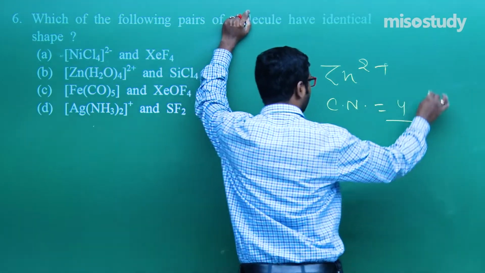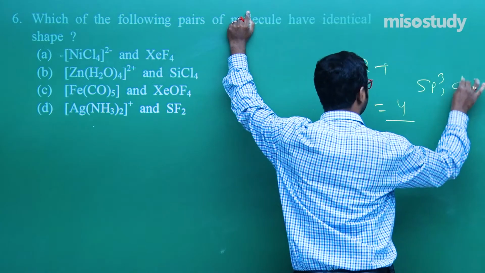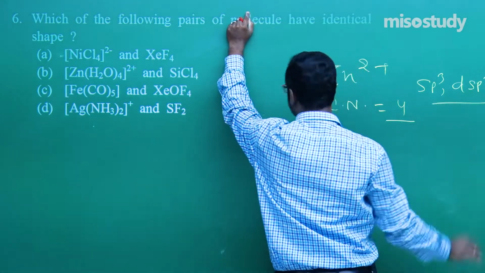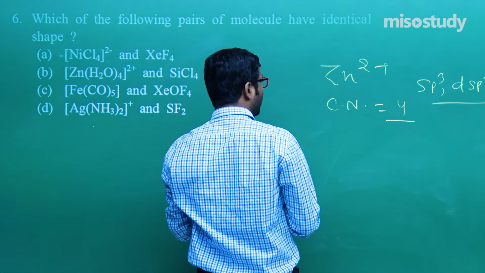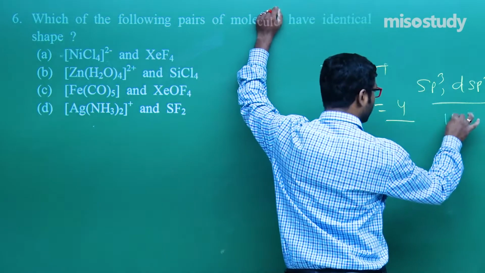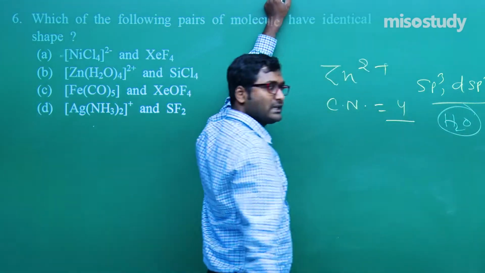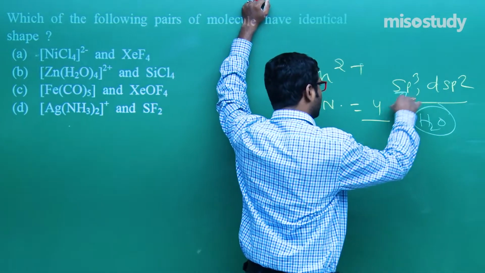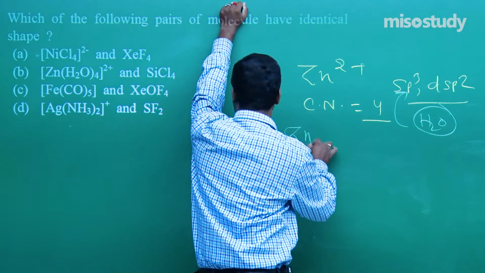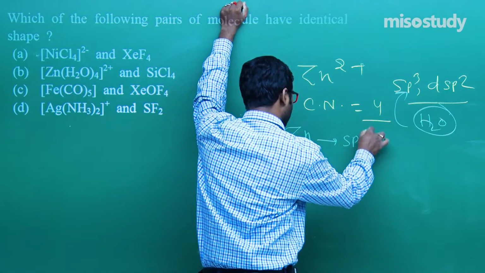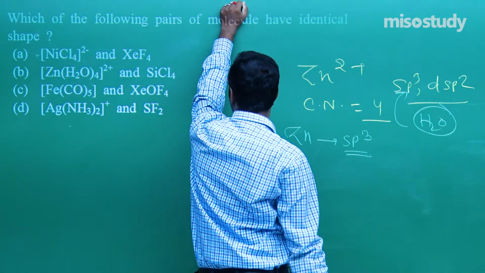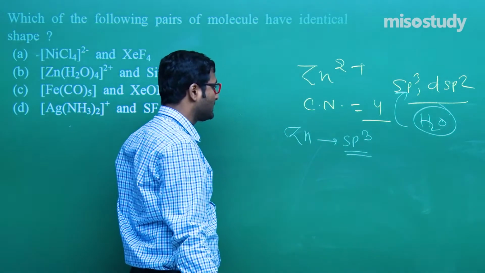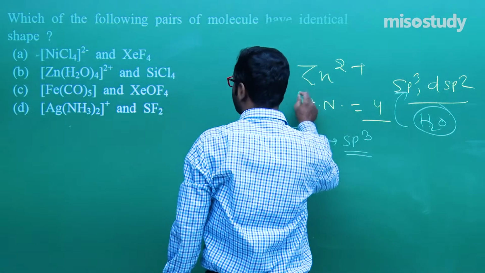If the coordination number is 4, either sp3 or dsp2 hybridization is possible. H2O is a weak field ligand, and if it is a weak field ligand, then the hybridization will be sp3. Clear to you? The hybridization will be sp3 in the case of Zn(H2O)4.